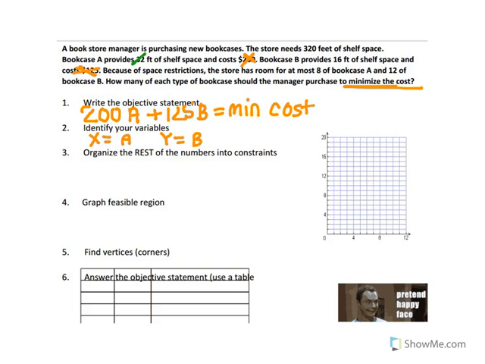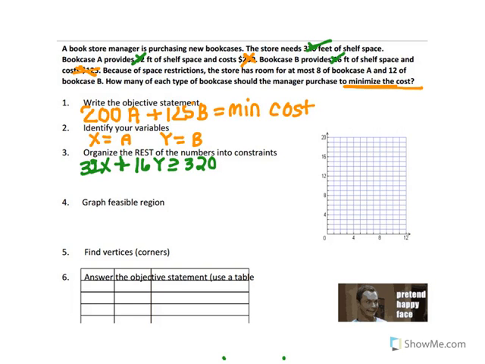Bookcase A provides 32 feet of space, so 32 feet for every shelf A. B is 16 running feet, so plus 16 for B. Whoops, I didn't want to call it A, I wanted to call it X. 16 for B, which is Y, and I need at least 320, so that's going to be greater than or equal to 320 feet. I've crossed that information out so I don't reuse it.